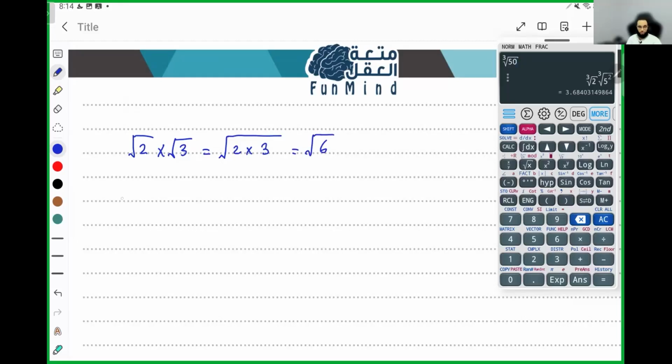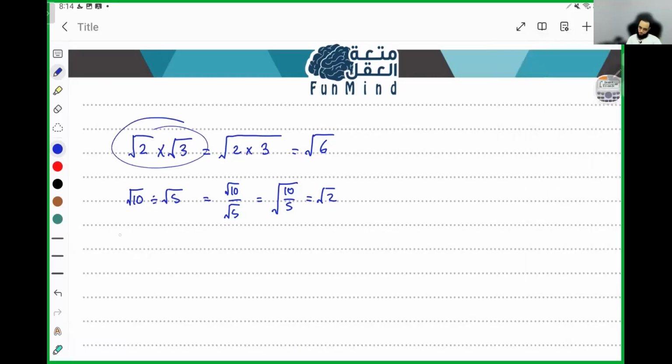If it is something like root 10 divided by root 5, you can do it like that, root 10 over 5, or like that, root 10 over root 5. And then 10 over 5 inside the square root, which is root 2. Okay? This is with the multiplication. This is with the division.